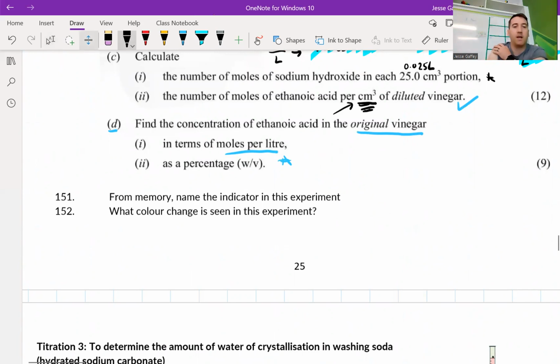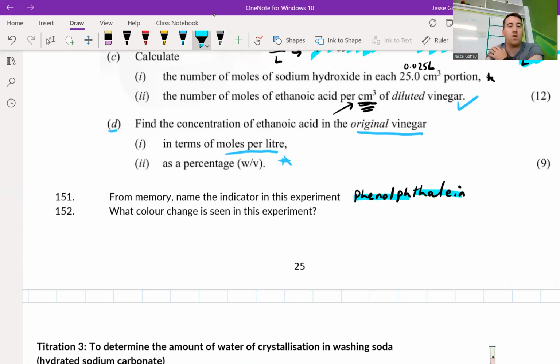All right, I told you at the beginning, the indicator's name in this case is phenolphthalein. And they are actually pretty strict on the spelling of phenolphthalein. I always tell my students to notice, we've got phenolph as the first word and phthalein as the second word. I get them to say it like that, so you have a better chance of spelling it.